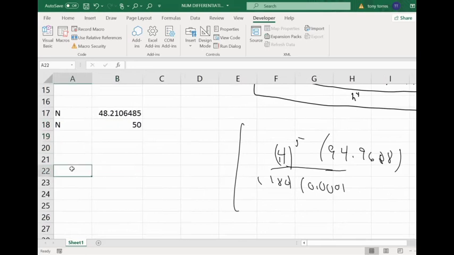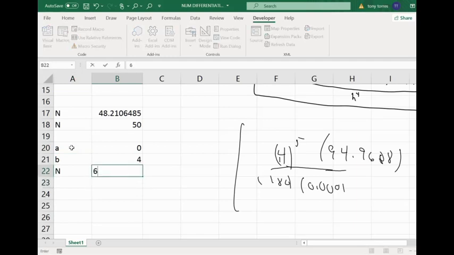Let's start with A and B as always. A is 0, B is 4, N is 50. Oops, sorry for that. Where is the 50? Right here. And delta x, for my integral, would be b minus a over this value here.